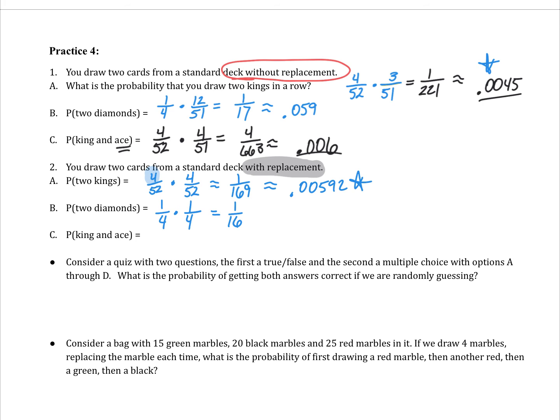And 1 out of 16 is approximately 0.0625. And then our king and ace would be 4 out of 52 times 4 out of 52. The same probability of selecting 2 kings. Since we're putting the card back, the parameters have stayed the same.